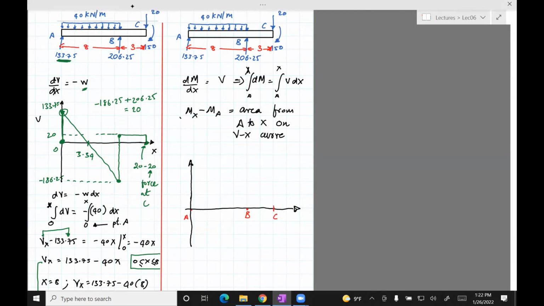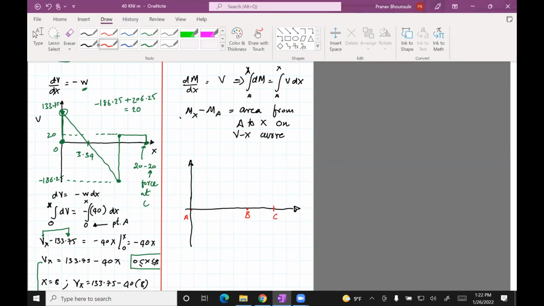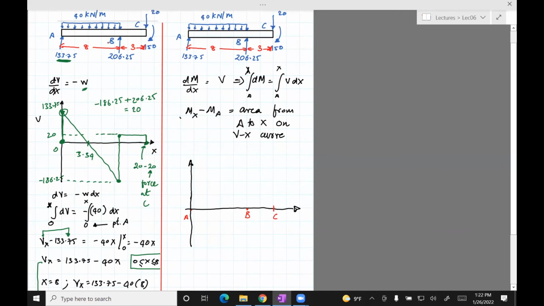Okay, so now what we'll do is we go to the V(x) curve and find the area under the curve for different geometries.